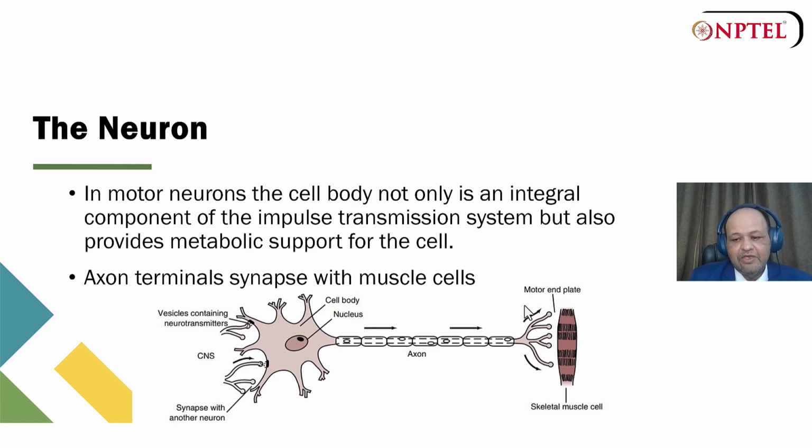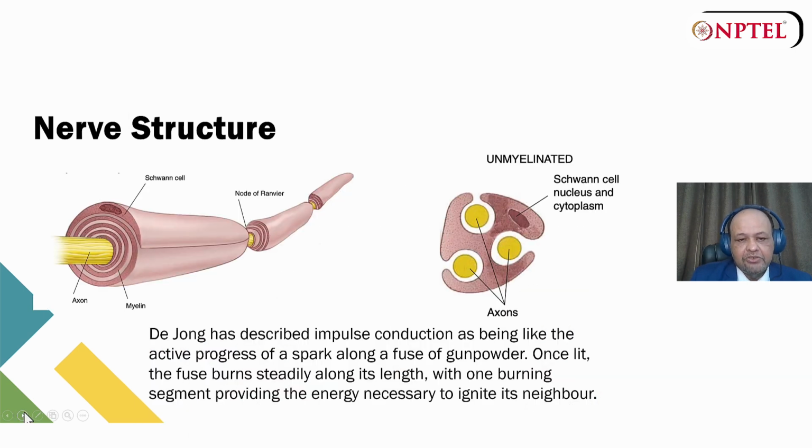This is how we interpret it and how we react to pain. So it's very important that we understand how the sensory and the motor neurons behave. The axon terminals synapse with the muscle cells. So these are the axon terminals which must synapse with the muscle cells or the motor neuron end plates.